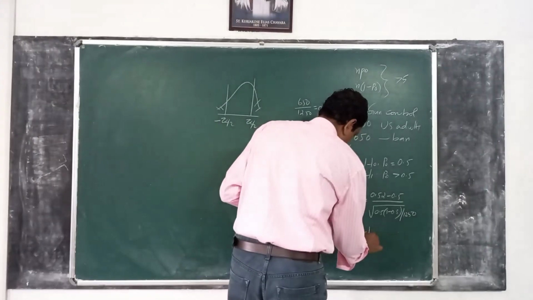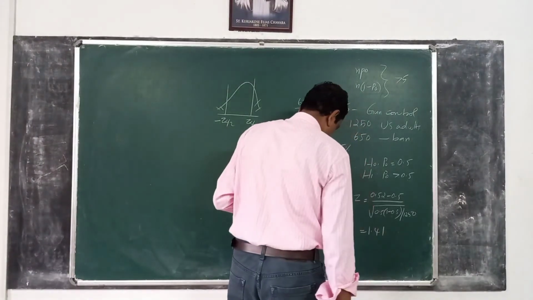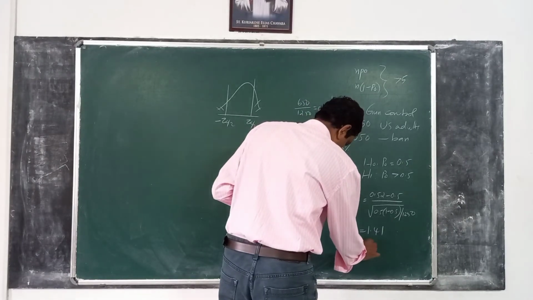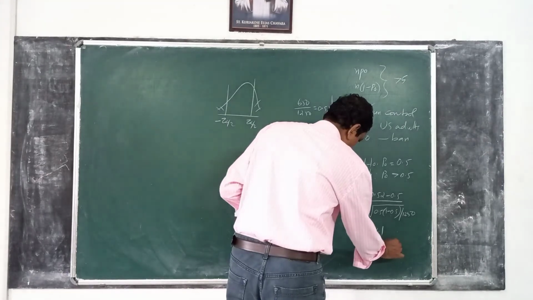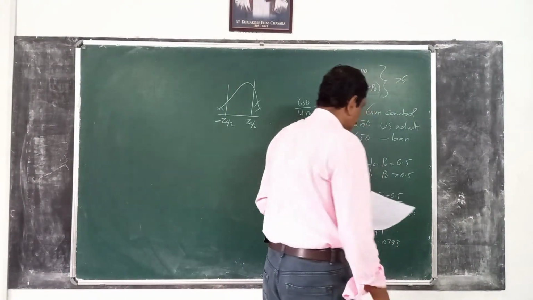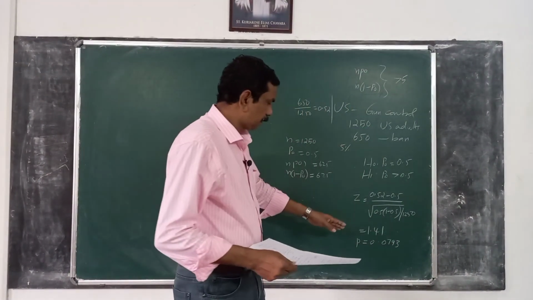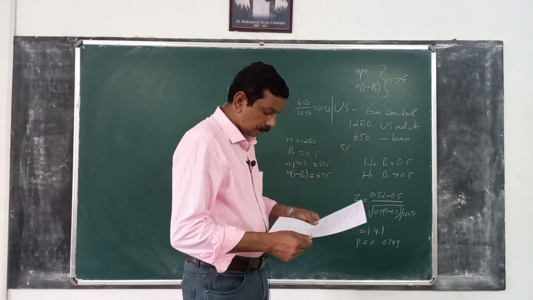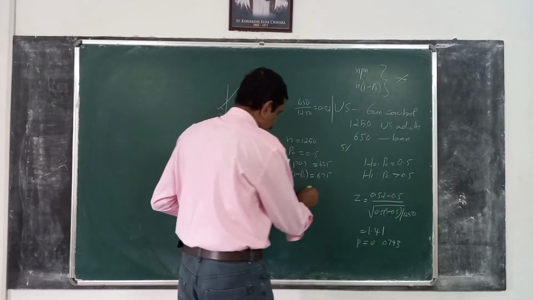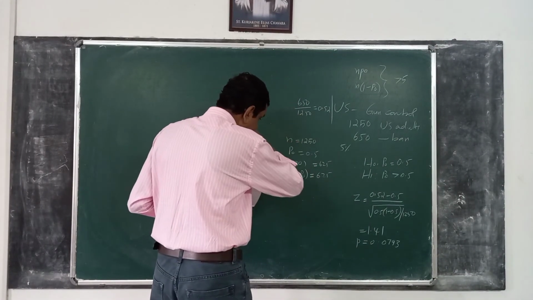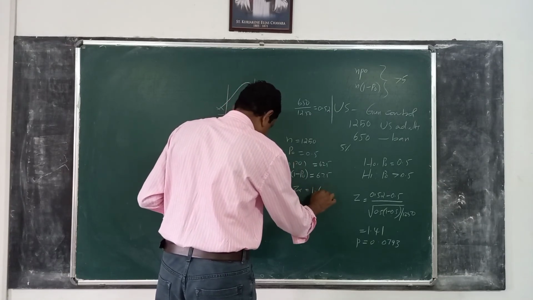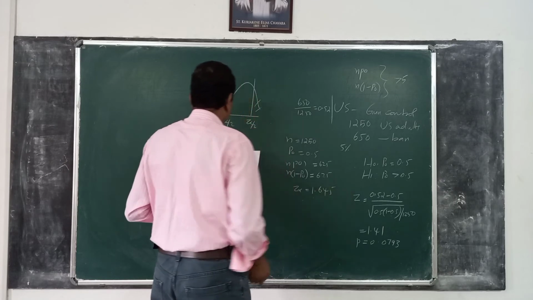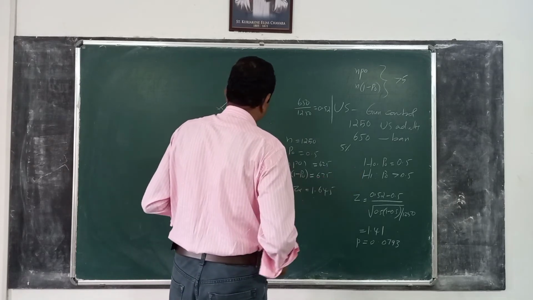The value is 1.41, and the p-value is 0.0793. What is the critical value? The critical Z alpha is 1.645. It is a right-tailed test.